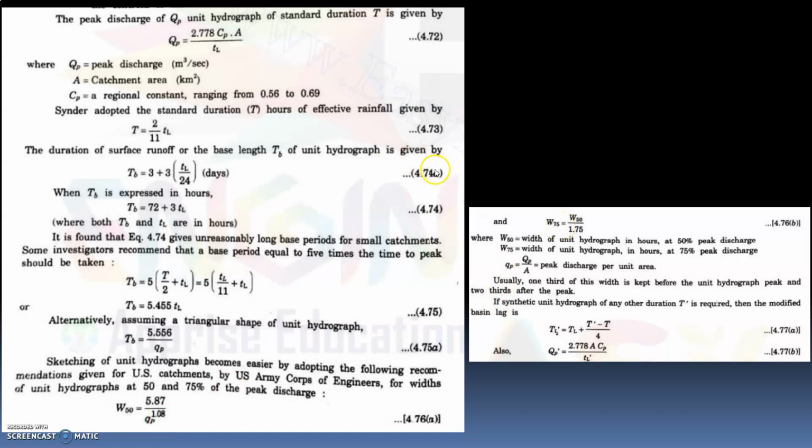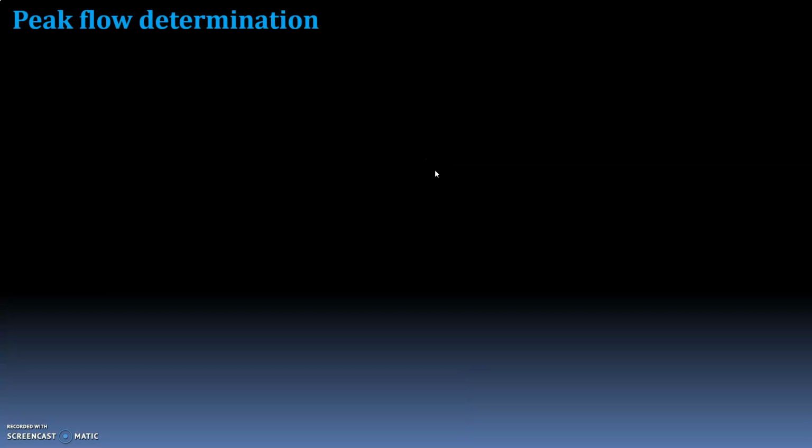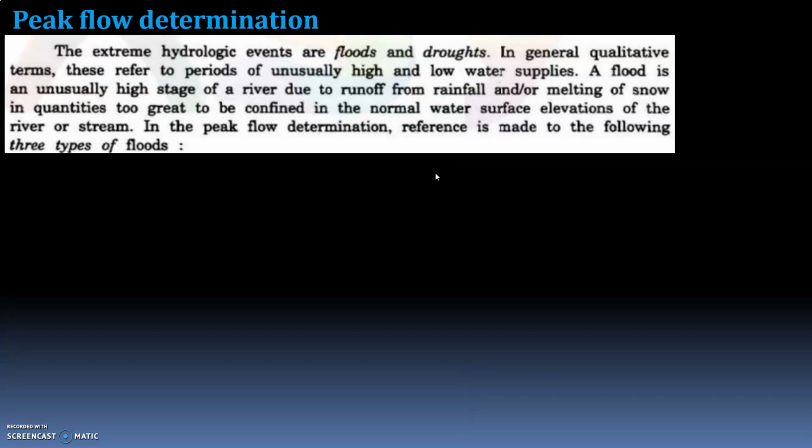Now let us discuss peak flow determination. The extreme hydrologic events are floods and droughts. All of us know this. In general qualitative terms, these refer to periods of unusually high and low water supplies.